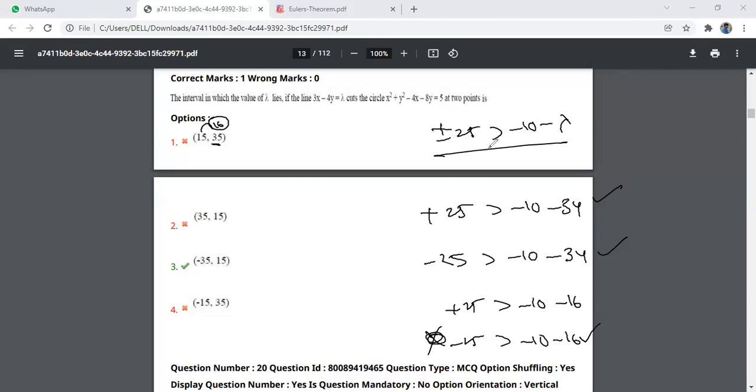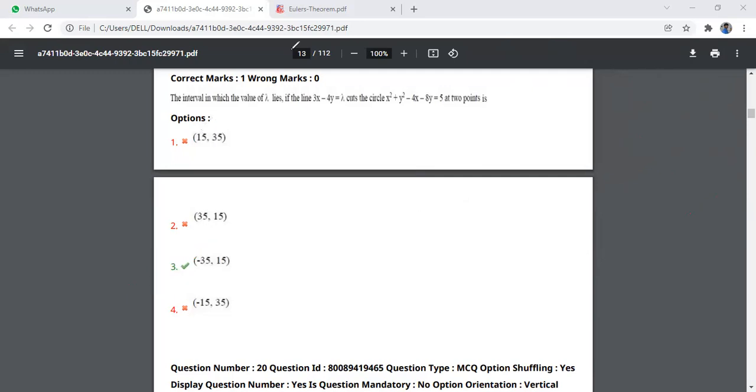Okay, instead of doing this, we will do it directly, since going through the options is lengthy. So I'm taking plus 25 greater than minus 10 minus lambda. I am taking this minus 10 to this side: 25 plus 10 is greater than minus lambda, that is 35 is greater than minus lambda. So lambda is less than minus 35, so this is our option.